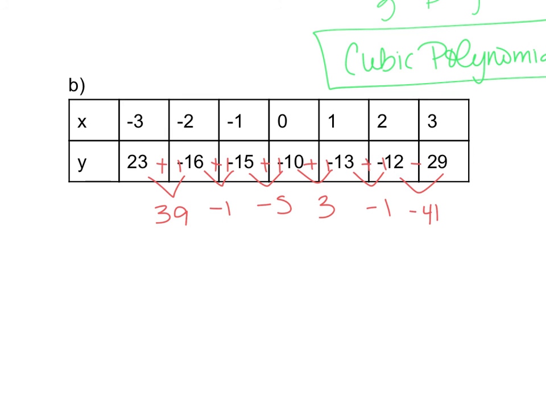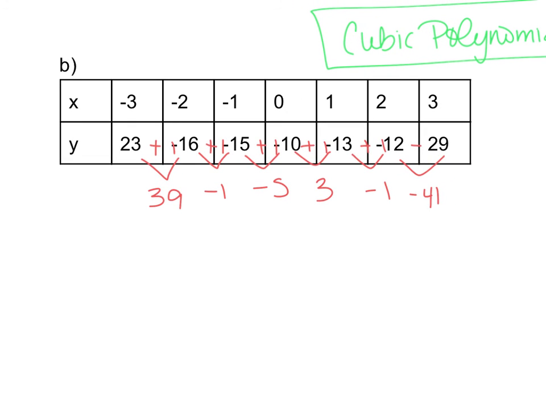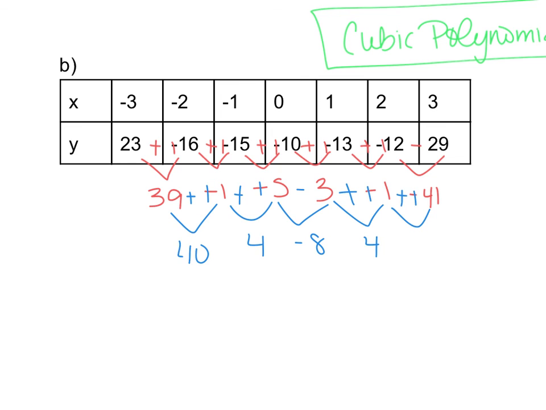Okay, let's keep going. So that would be 40. -1 plus 5 would be 4. Negative 5 minus 3 would be negative 8. 3 plus 1 would be 4. Negative 1 plus 41 would be 40.